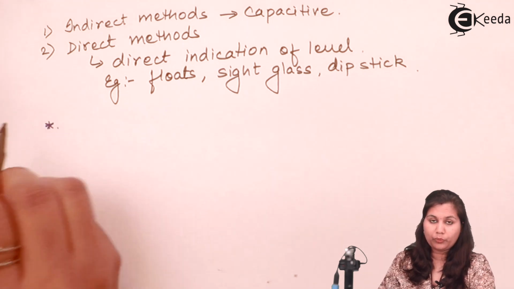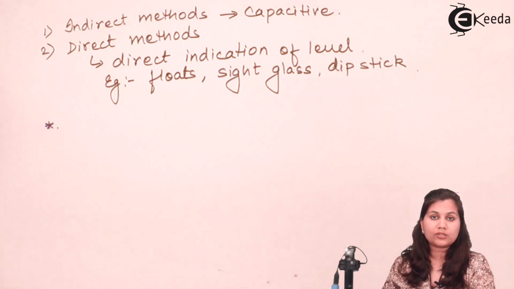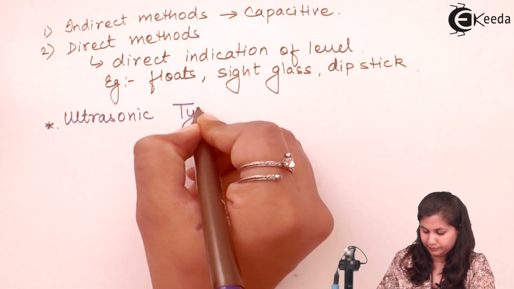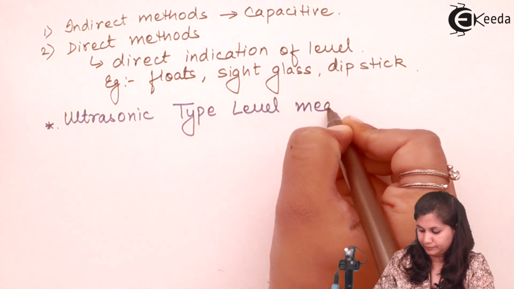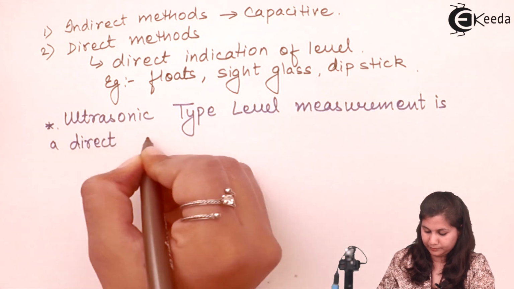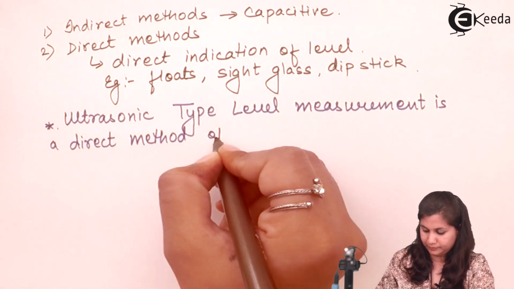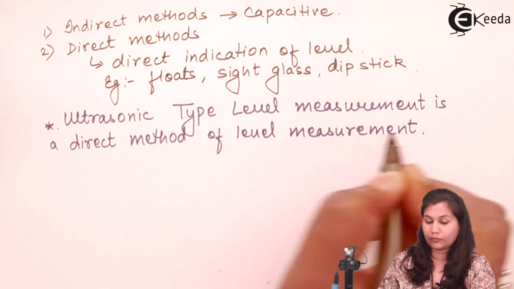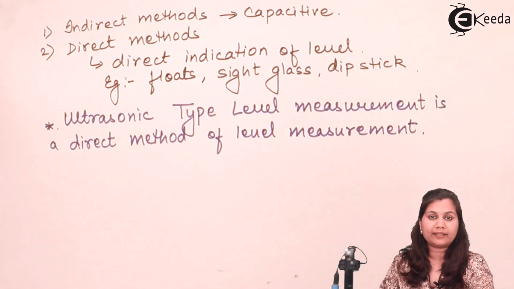Now in this video we will study the ultrasonic type of level measurement, which is a type of direct method of level measurement. So in this method we will get the direct value of the liquid level.